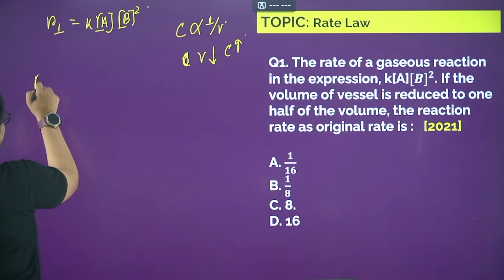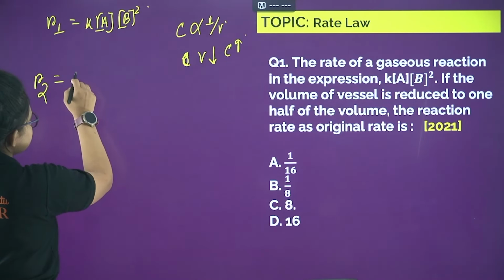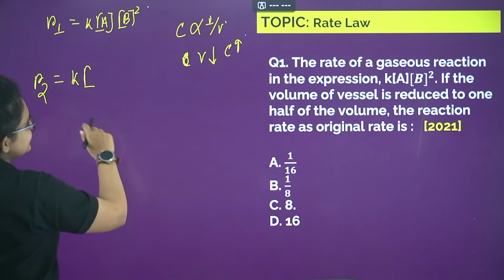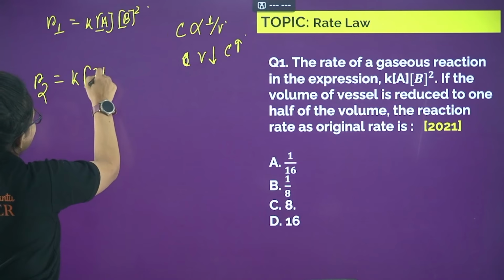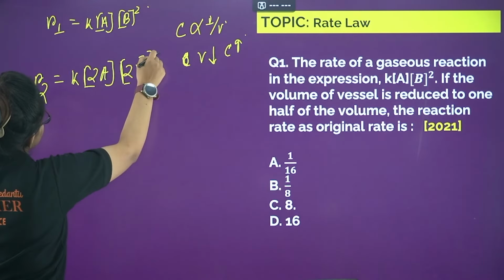So the new rate R2 will be K into, both the concentrations will be increased by 2 times, right? 2 of A into 2 of B whole square.